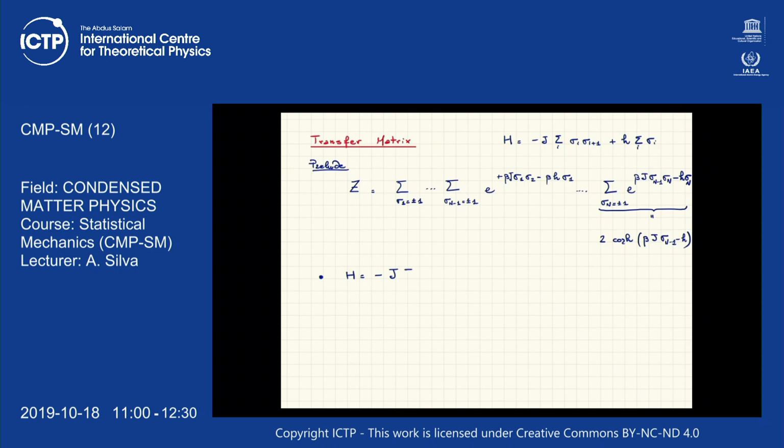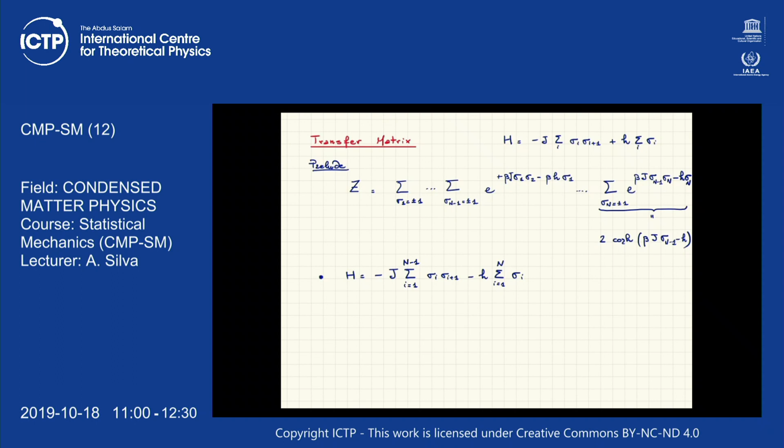Let us consider now an Ising model in one dimension with periodic boundary conditions. Okay? I'm changing the boundary conditions. You will see why in a second. I will explain it. Minus h sum over i from 1 to n sigma i.